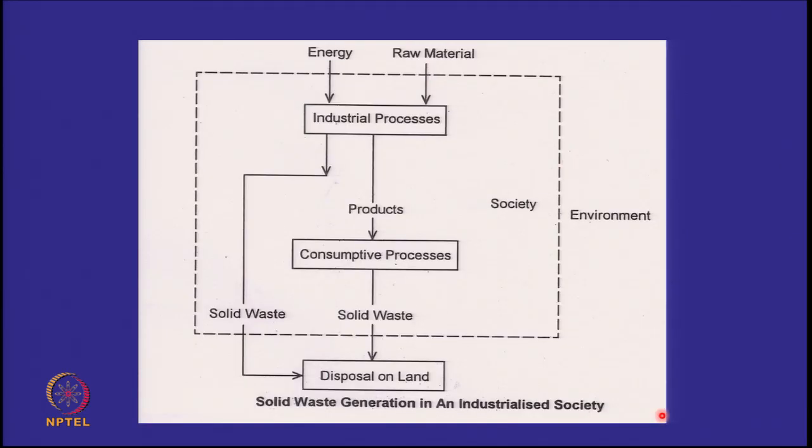So we did this diagram earlier. We are taking from the environment energy and raw material, and we are disposing the solid waste. If we are producing gaseous waste and if we are producing liquid waste, which we are, what is happening? The gaseous waste is being treated and it produces solid waste. The liquid waste is being treated and it produces solid waste.